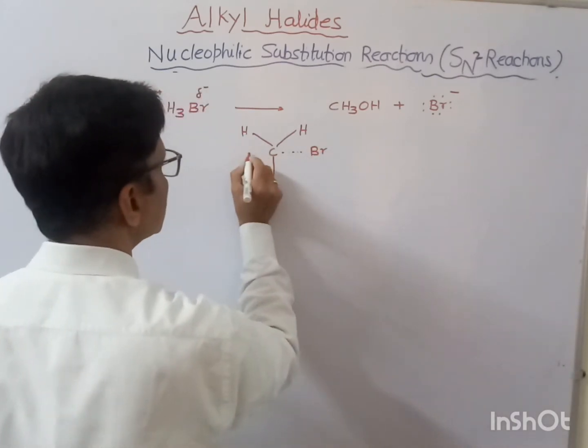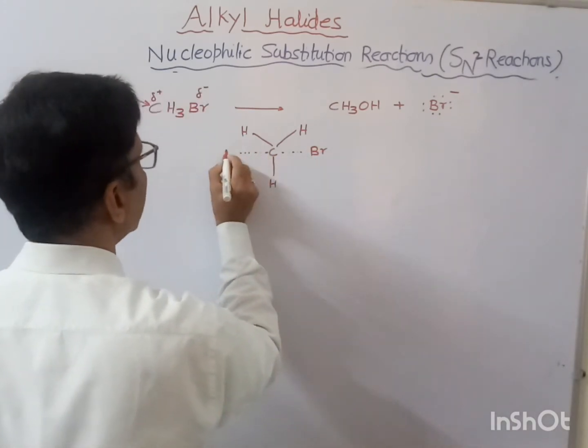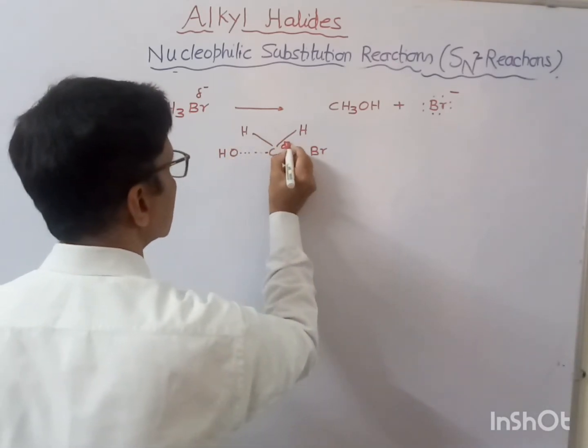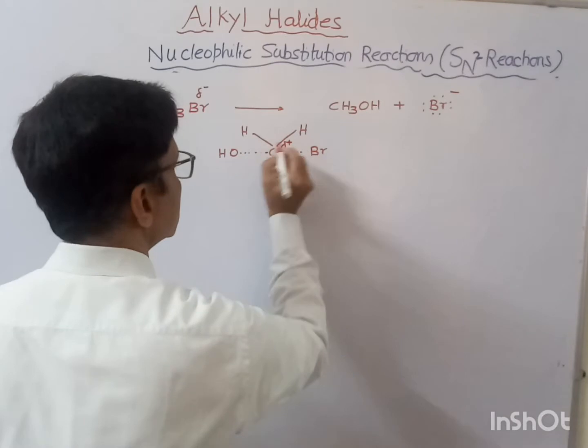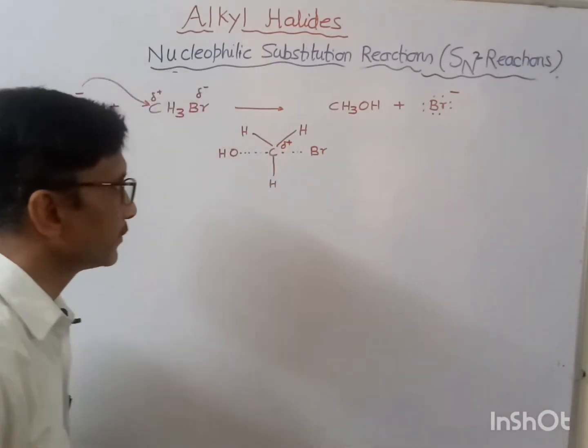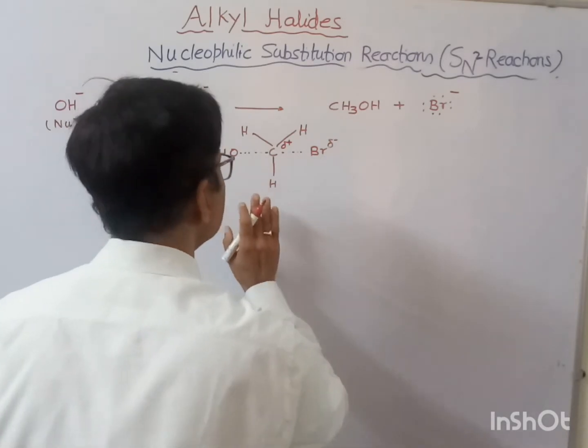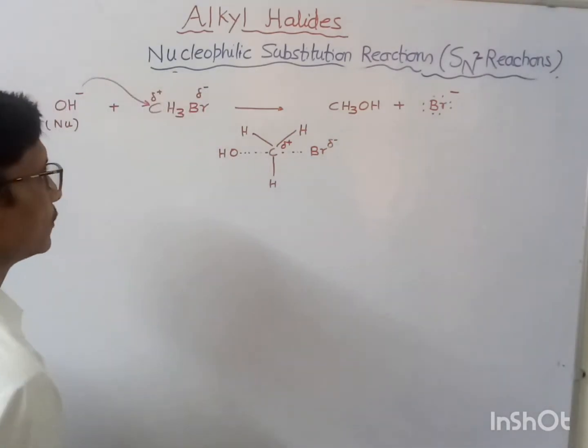This is a concerted step where bond breaking and bond formation occur during the same time. This will have the partial negative charge. So this is the transition state which is formed.